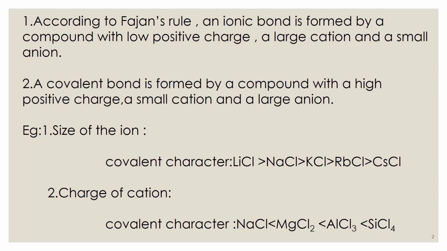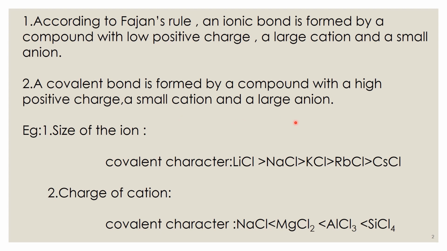According to Fajan's rule, an ionic bond is formed by a compound with low positive charge, a large cation and a small anion. A covalent bond is formed by a compound with high positive charge, a small cation and large anion.